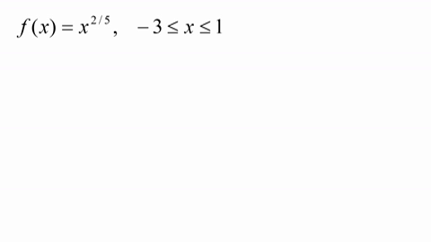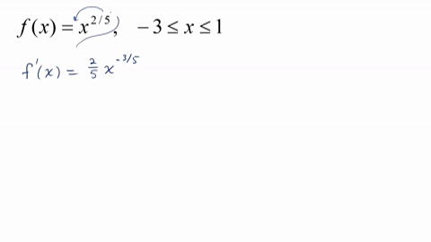Let's begin by finding the derivative. So f prime of x would equal 2/5 times x, and now we take 2/5 minus 1, or minus 5/5, giving us -3/5. And now we want to find values such that the derivative, f prime, is either equal to 0 or undefined.